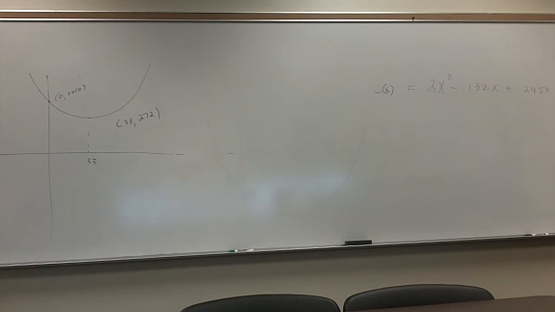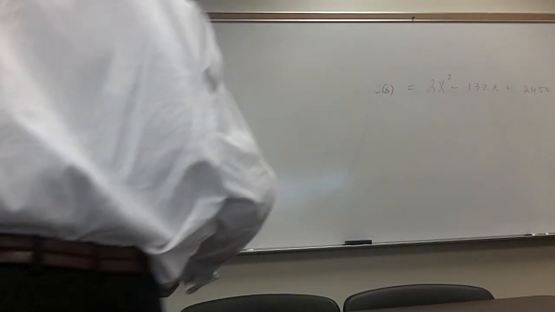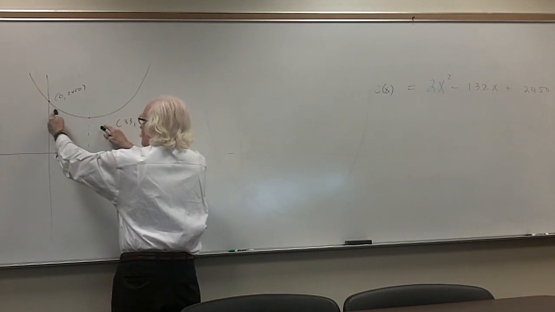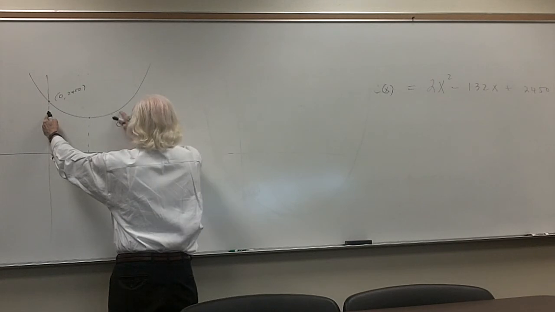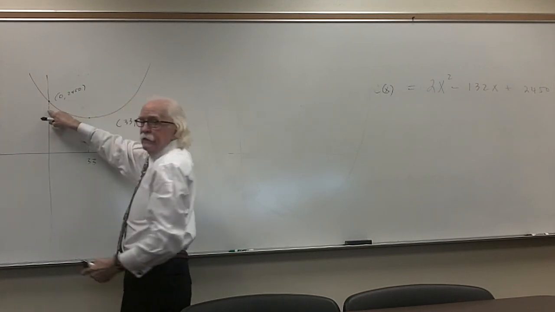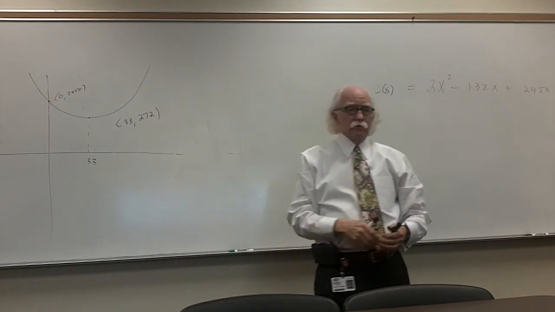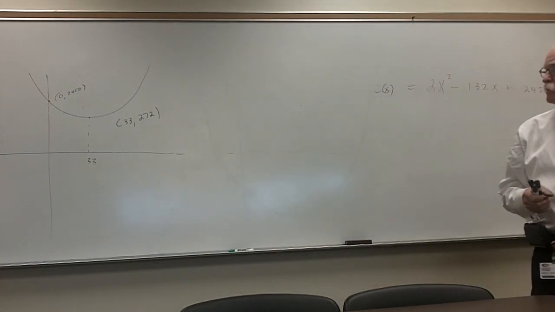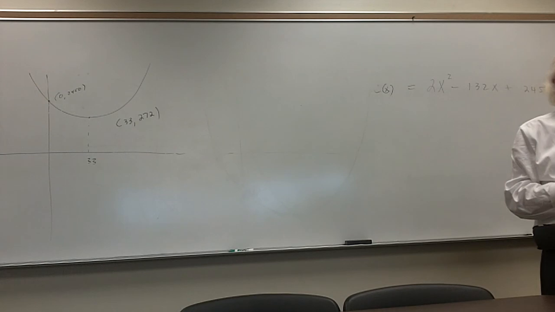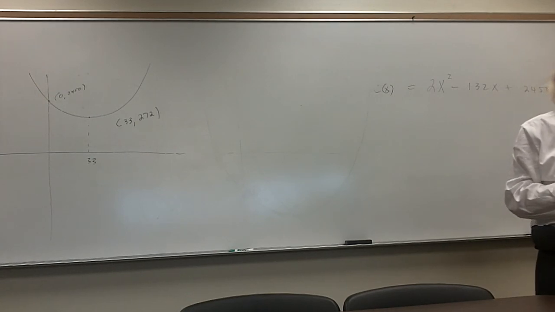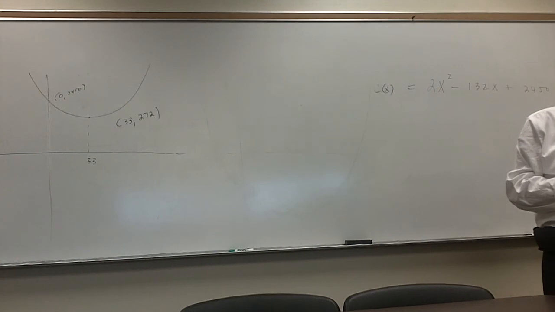Does that make sense? That point is the minimum point right there. You will not get a lower number than 272. Does that help you make it make sense?